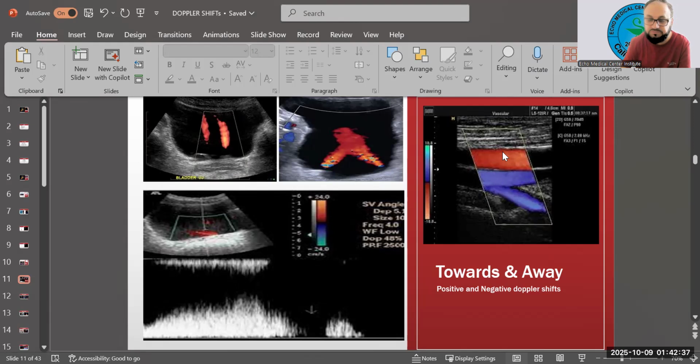So again, look at here. This is a vein. Here, the superficial femoral vein and the deep femoral vein get together to give you the common femoral vein, correct? So the flow here on the veins is going towards the probe, because the box is steered to the left. They are going towards. And look at here.